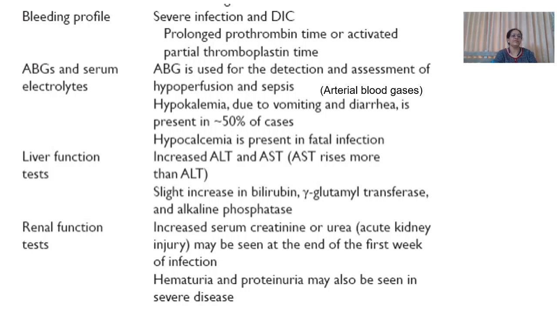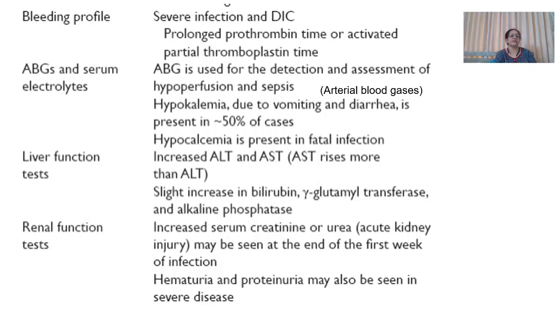Here, arterial blood gases, that is ABG, these are also used for the detection and assessment of hypoperfusion and sepsis. So ABGs and various serum electrolytes, these are also checked in the laboratory diagnosis of Ebola.